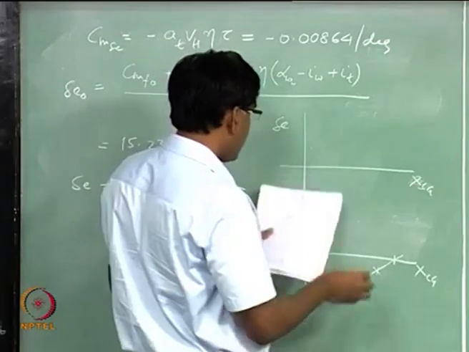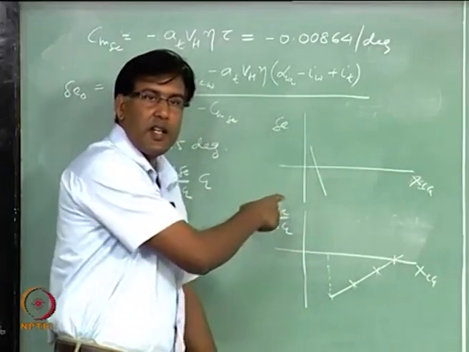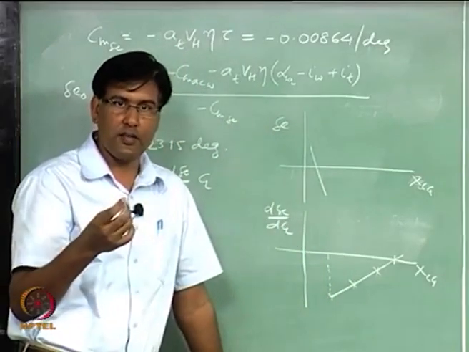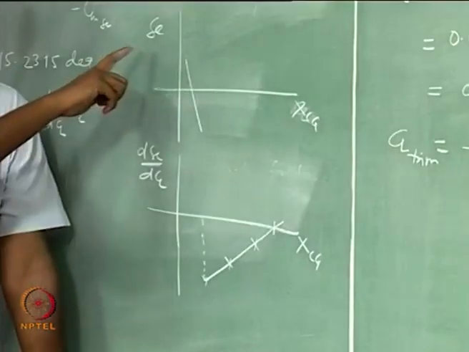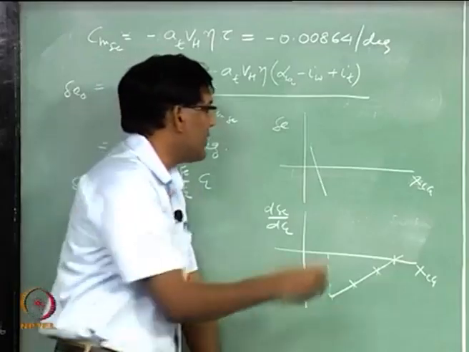This came from flying at different velocities for different CG locations, and plotting delta E trim versus CL trim.